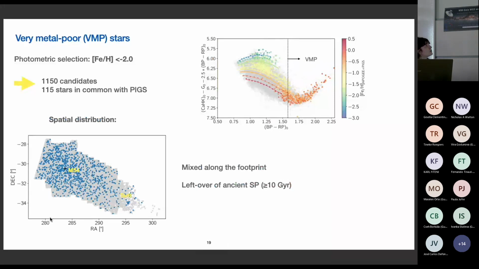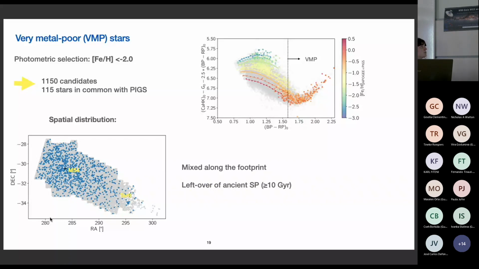We then also looked at the spatial distribution of this population to have an insight of how the older components of Sagittarius are now hosted in the galaxy.